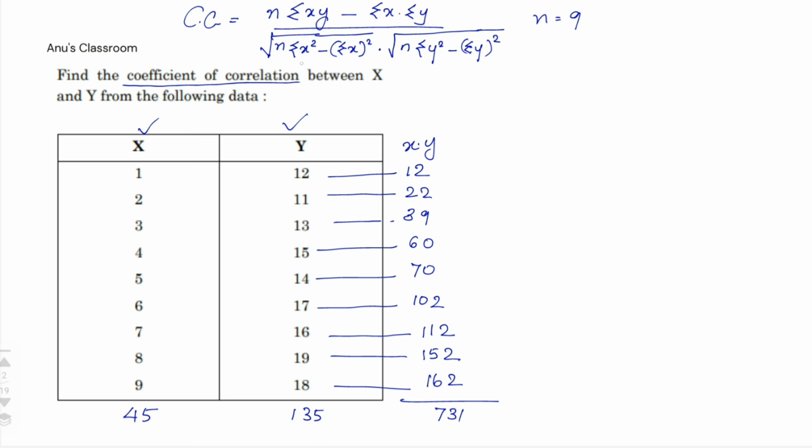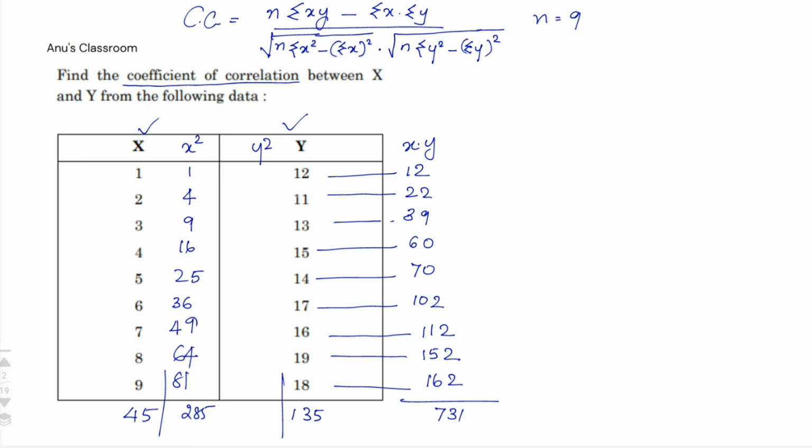Then we need to find sigma x square. So x square, I'll write it down over here itself. That will be 1, 4, 9, 16, 25, 36, and so on. The summation of this will be 285. Similarly, we need to find y square.